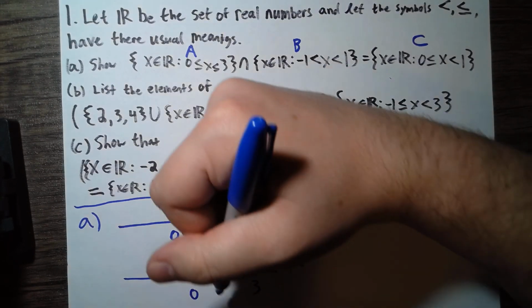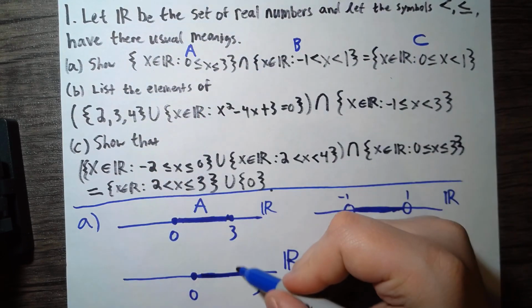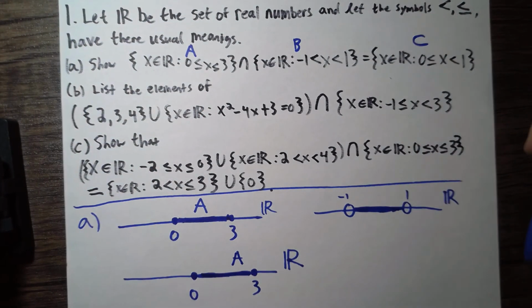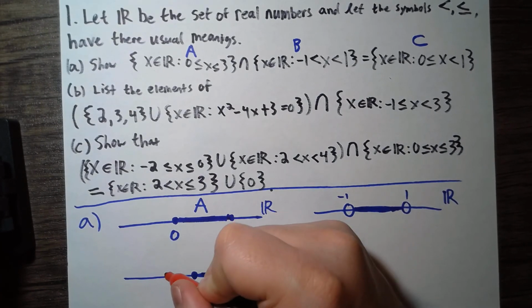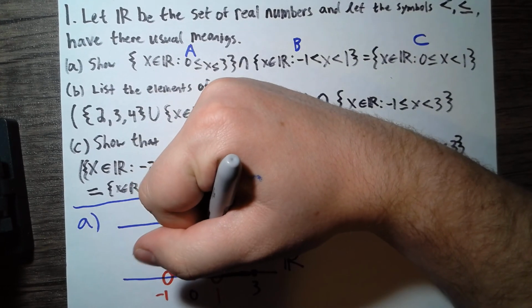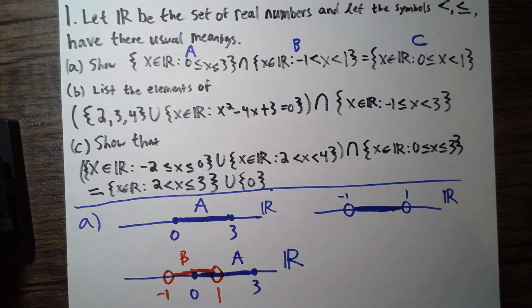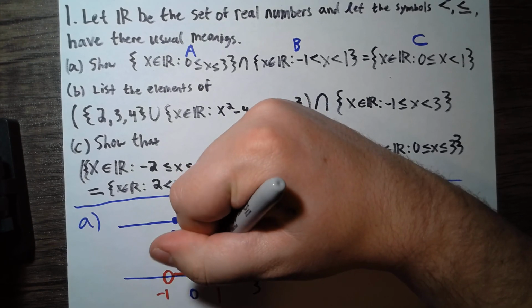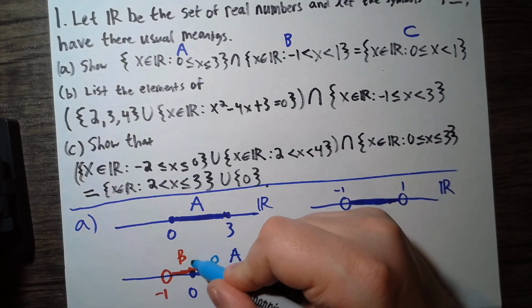Everything in between here is A. But then somewhere, say here, we have 1, and here we have -1, and all of these elements are B, and when we intersect them, it's all of these elements that are in both A and B.